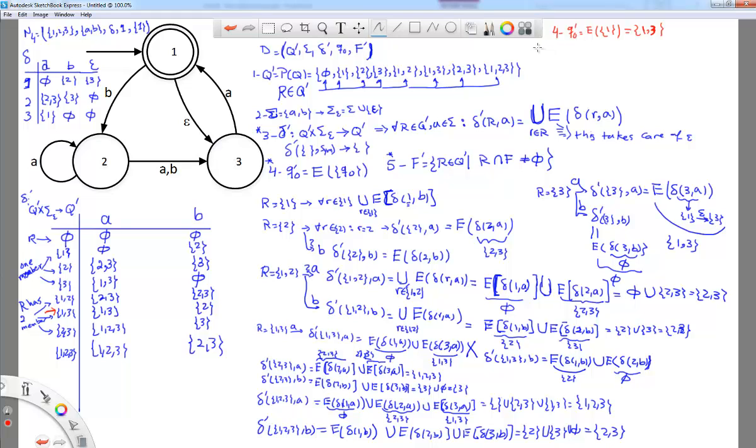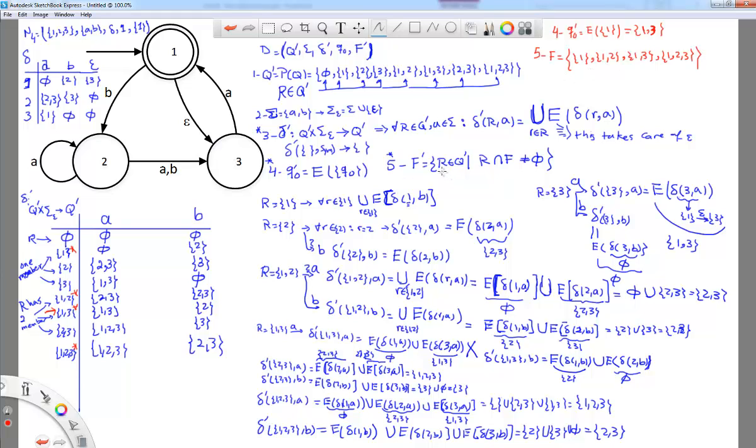And then finally, F is going to be the set of all states that have 1 in them. So this guy is going to be an accept state because it has 1. This guy is going to be an accept state. This guy is going to be an accept state. And this guy is going to be an accept state. So F is going to be {1}, {1, 2}, {1, 3}, and {1, 2, 3}.